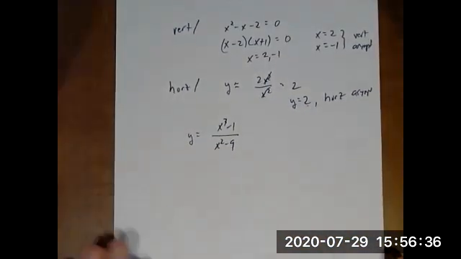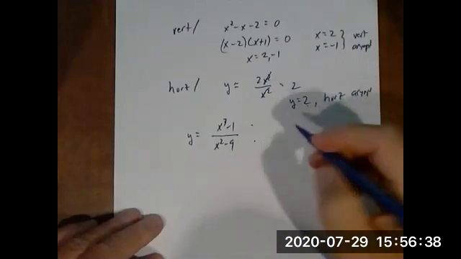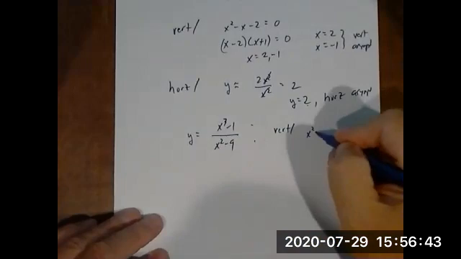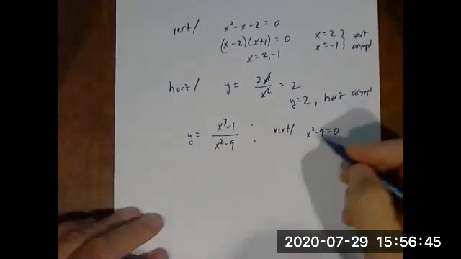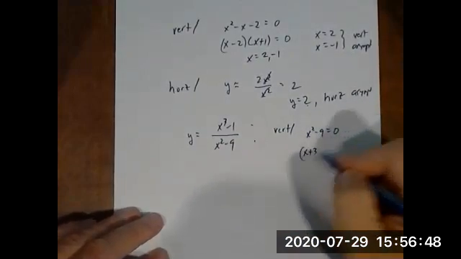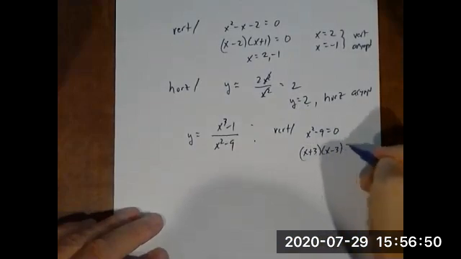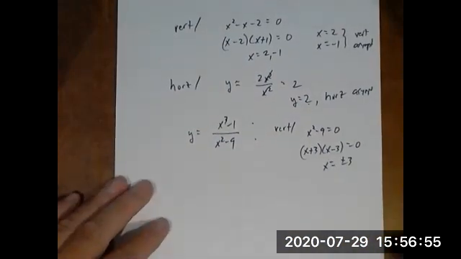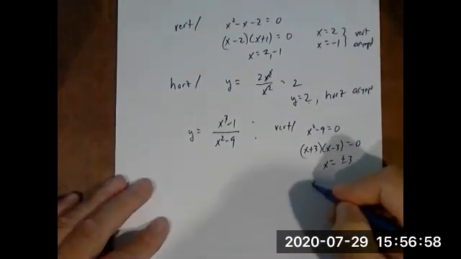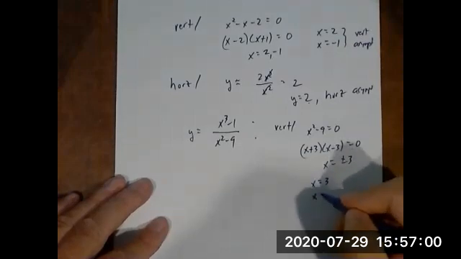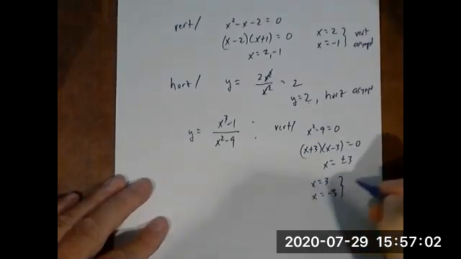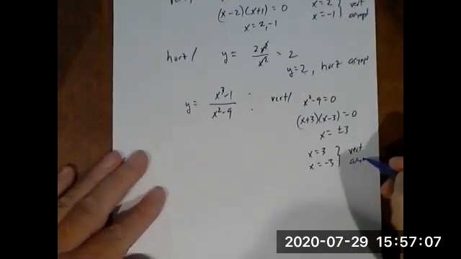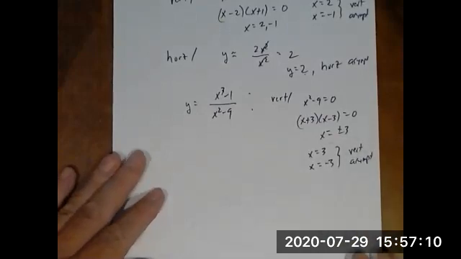Let's find the asymptotes for this. Vertical. Take your denominator, set it equal to 0. Once again, this factors x plus 3 times x minus 3. Two solutions. X can be plus or minus 3. Two vertical asymptotes.